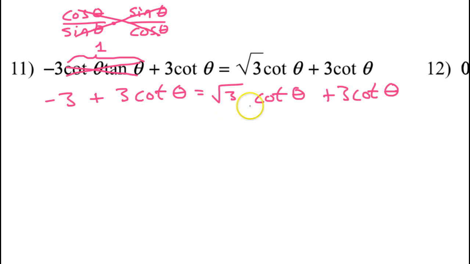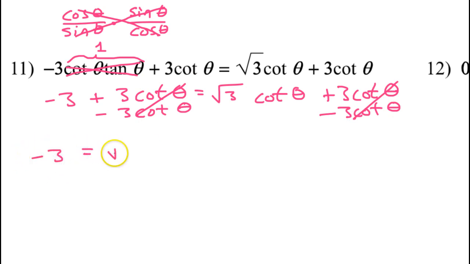It's all cotangent. Great. I'm noticing that I have 3 cotangent theta on both sides. If I subtract 3 cotangent theta from both sides, those would cancel out completely, wouldn't they? That leaves me with negative 3 is equal to radical 3 cotangent theta.